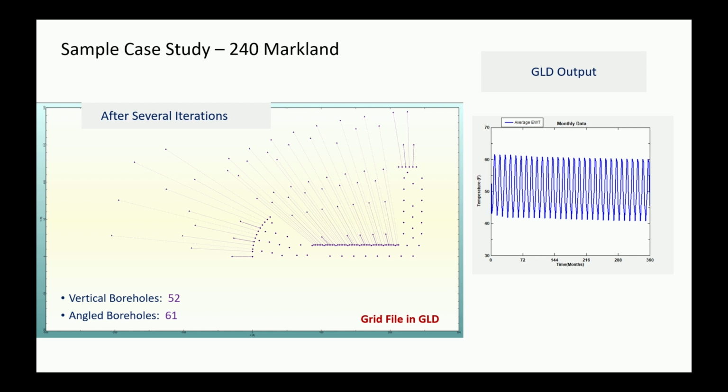And this is essentially what we designed. And what you see there is a bunch of verticals. So you can do a mix of verticals and angled holes. The verticals are the single dots. The angled holes, of course, are the lines with top location and bottom location and the direction of that borehole.